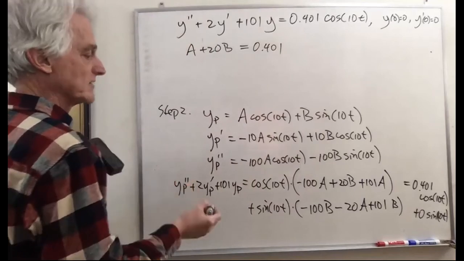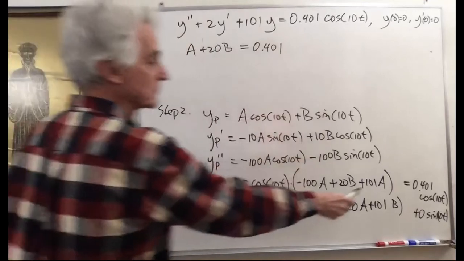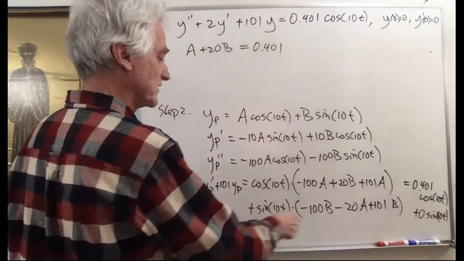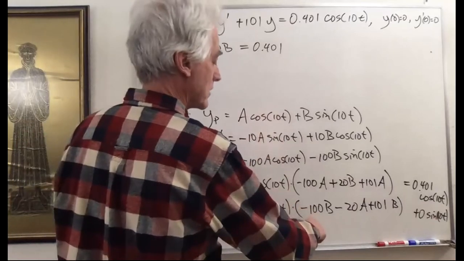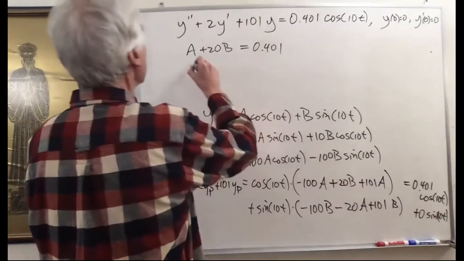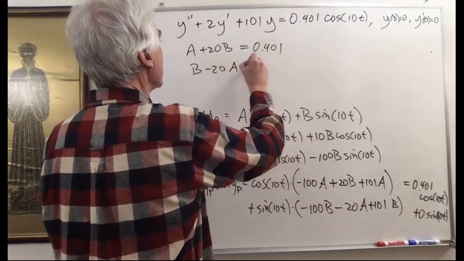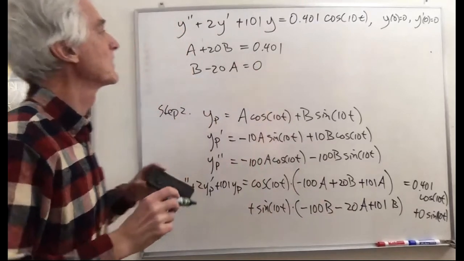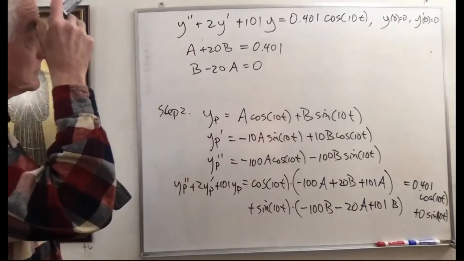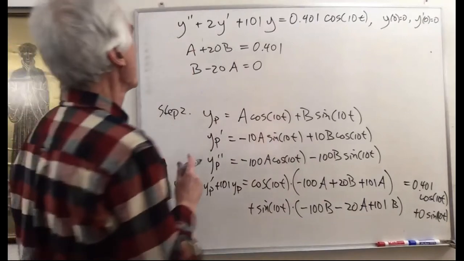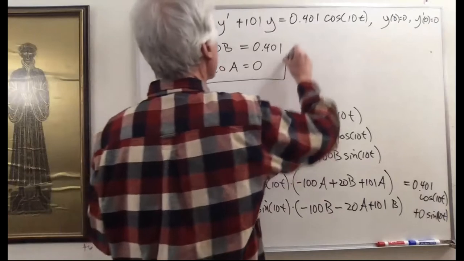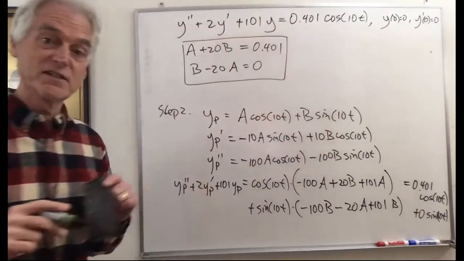That's the coefficient in front of cosine 10t on both sides. What's in front of sine? I get b minus 20a, and that is 0. So here's our system of two equations and two unknowns, a and b.